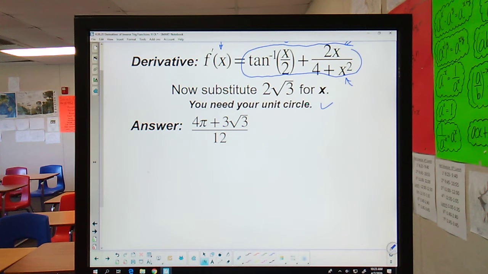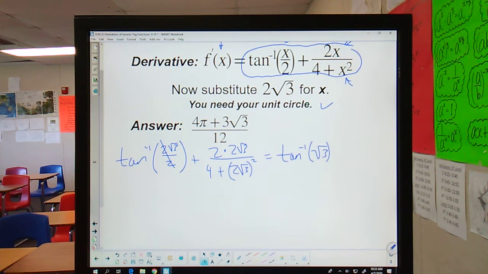So you want to figure out the inverse tangent of 2 radical 3 over 2 added to 2 times 2 radical 3 over 4 plus 2 radical 3 quantity, or whole expression, squared. Now, these 2's cancel out. So you're looking at the inverse tangent of just radical 3. Remember what inverse tangent means. It's the angle that has a tangent of radical 3.